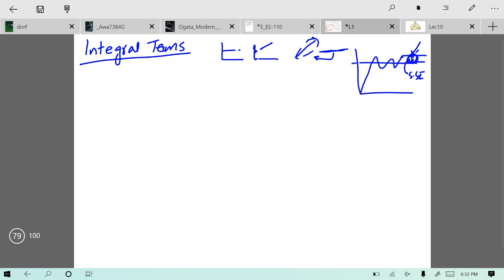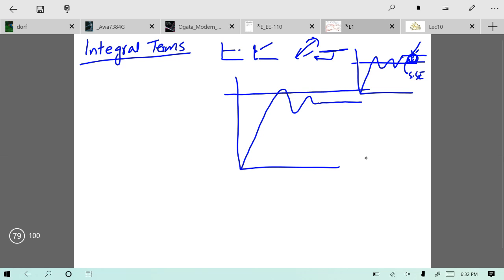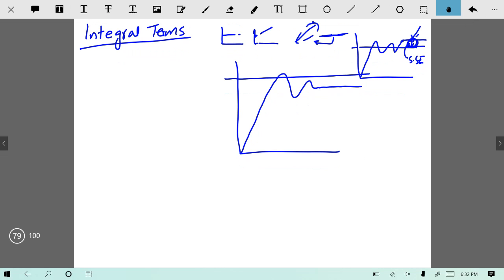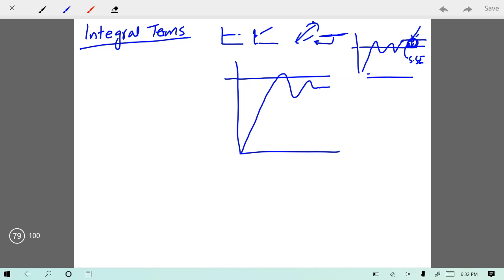So let me try to draw it more neatly. Let's suppose this is the set point and this is your variable. So there is a steady state error. It will convert it into a slope.